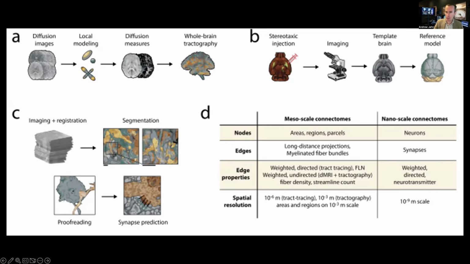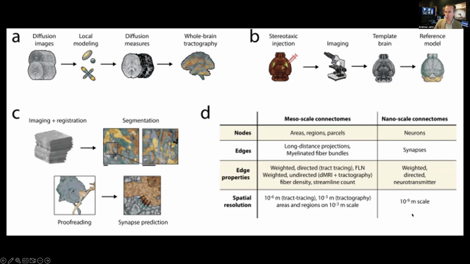On another level, in B, we have stereotaxic injections in which you have some kind of tracer, but this usually requires a post-mortem dissection to see exactly where this was diffusing throughout the brain. On the lowest scale, or the highest resolution scale, I should say, you have nanoscale imaging, in which you can use something like electron microscopes to actually see individual neurons and individual synapses.